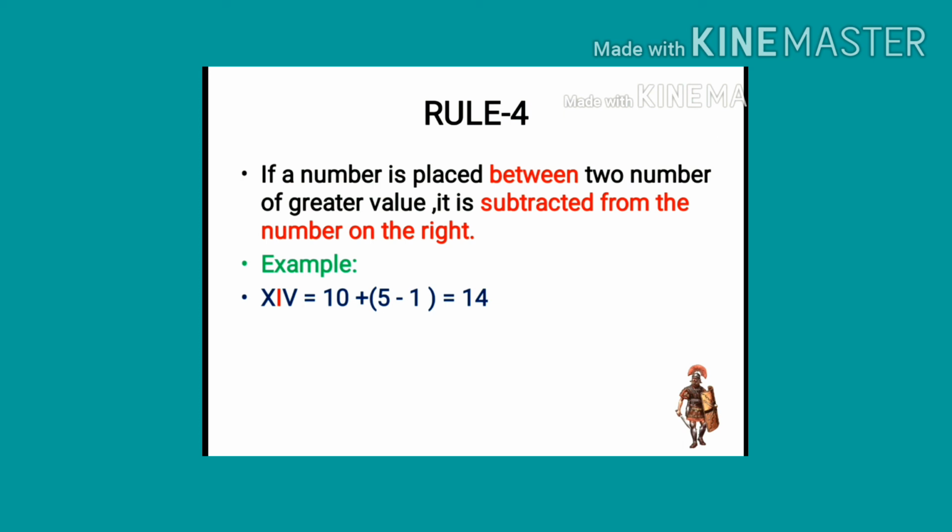So, 10 plus 4, which is equal to 14. Now, let us see another example. X I X. I is between two greater numerals X and X. So, you have to subtract the numeral I from the numeral X. So, 10 plus 10 minus 1, which is equal to 10 plus 9, which is equal to 19. So, did you get that, children? Okay.